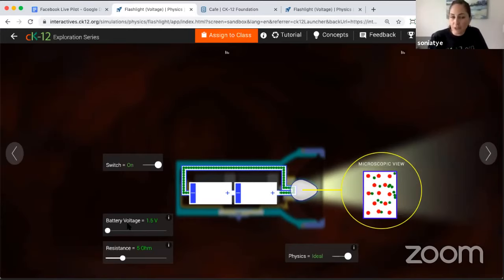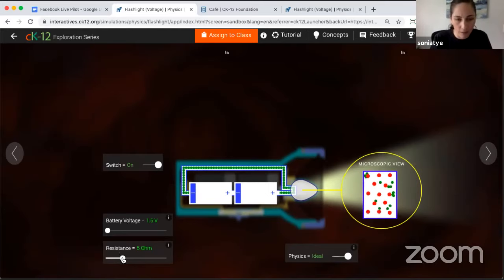So I'm going to change one thing, measure another, and keep everything else constant, okay? I'm going to change the battery voltage. I'm going to observe the current by looking at that microscopic view, that flow of the green dots, and I'm going to make a conclusion. I'll keep everything else constant.